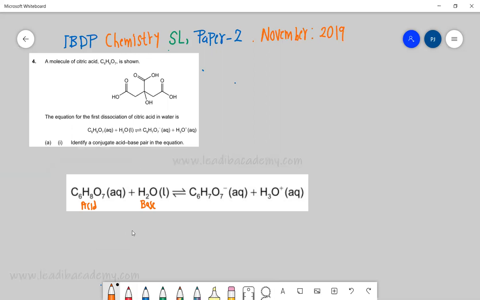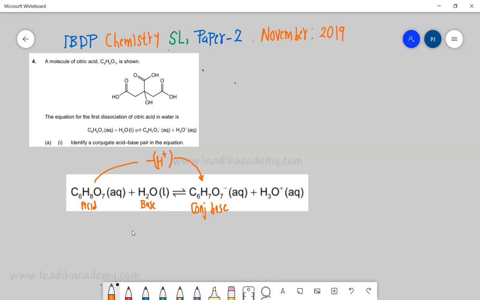Water is acting like a base, and if you observe very carefully, if we take out a proton, what we get is its conjugate base. This is the conjugate base of this citric acid.